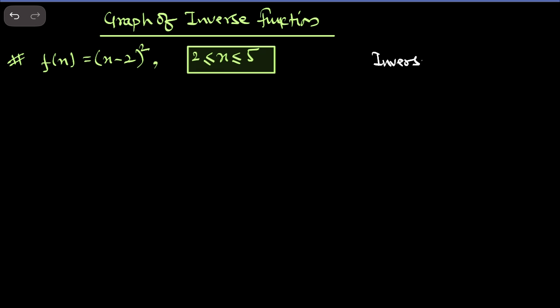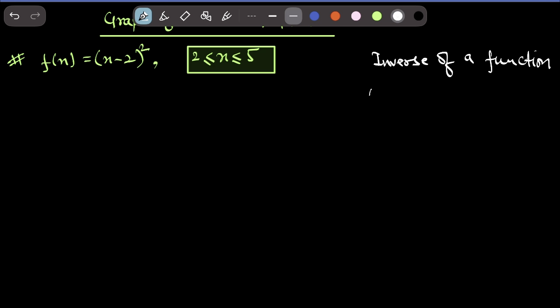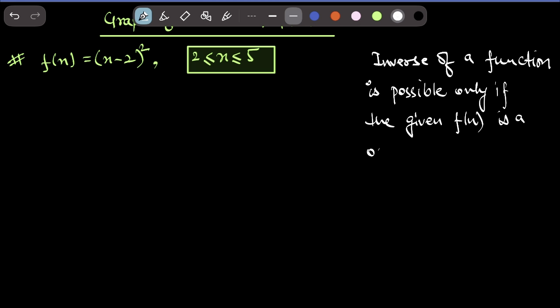So inverse of a function, which we have done before, is always possible only if the given function f of x is a 1-1 function, right? We have taken an example in the same way. So our function is going to remain 1-1 function.